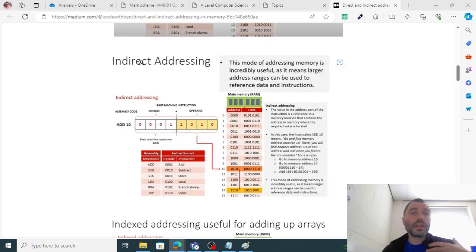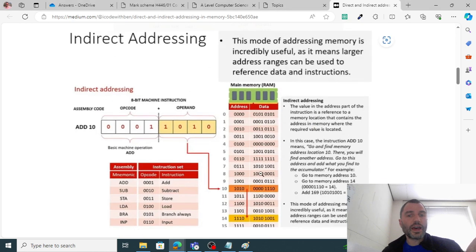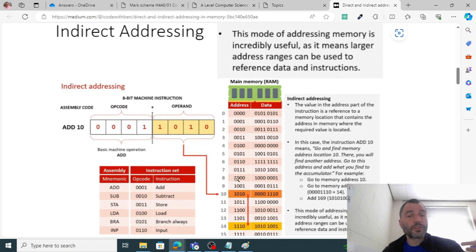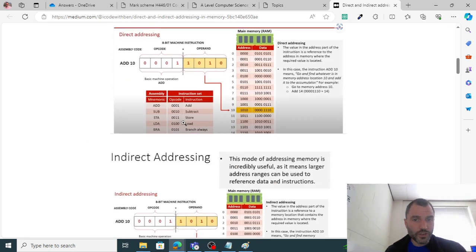So in indirect addressing, the operand refers to an address, and then the data in there is actually referring to another address. You can see here we're going to 10, and then that is going to 14. So we go to 14, and that's got the data in. So what are the advantages of indirect addressing over direct addressing?